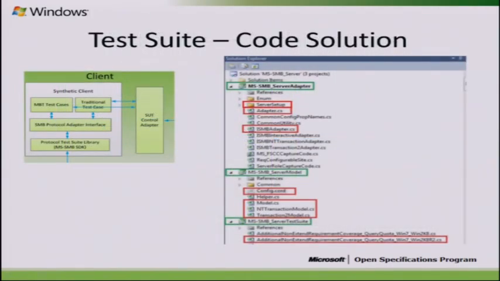You can see this is the code solution based on the architecture. This is the adapter part. For the server setup, there is the SUT control adapter, which is implemented in PowerShell. When you run it on non-Windows, you should replace the PowerShell with your own implementation. This is the adapter interface, these are the SMB test cases, and this is the model. The model includes config code and three model files.